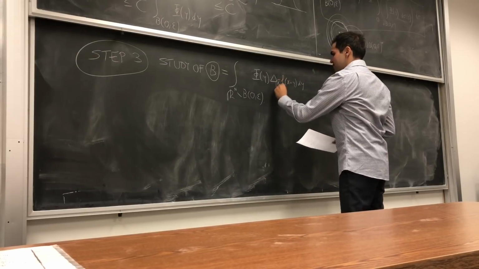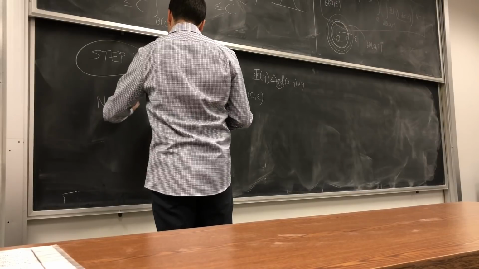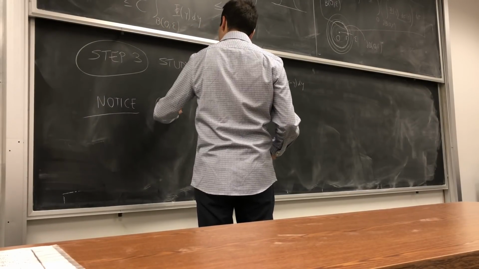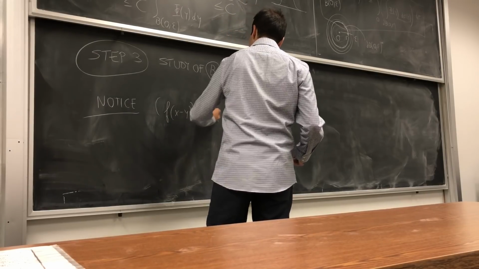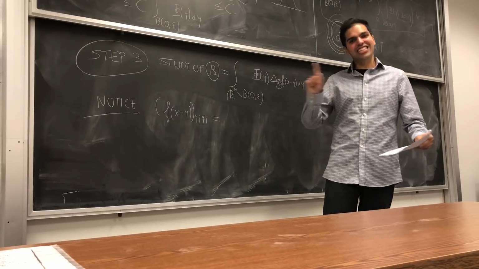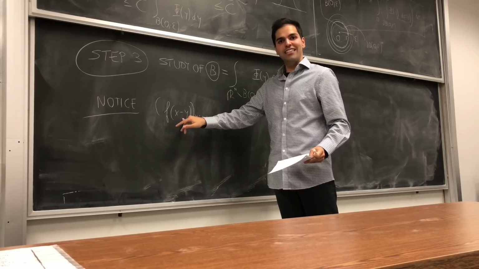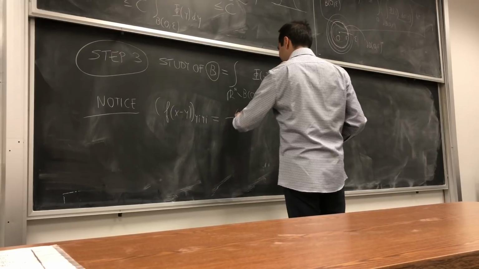So notice, what happens when you take f of x minus y and differentiate this with respect to y twice? Well, by the chain rule, if you differentiate once, you get a minus sign. If you differentiate it twice, you get another minus sign.